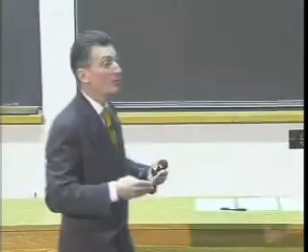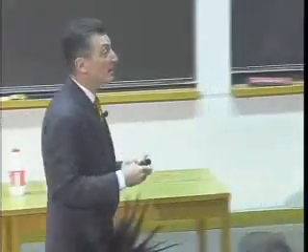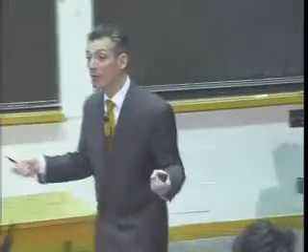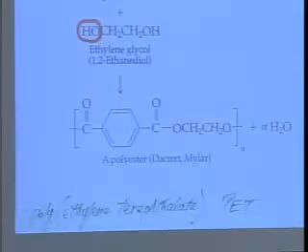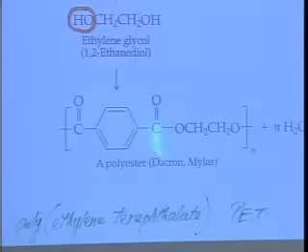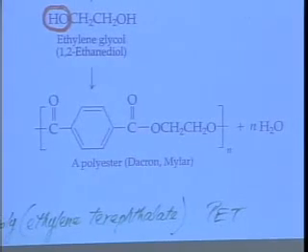So bridging oxygens we've seen in silicates, borates as critical in covalent network formation, and they're operative here. When they're operative in a polymer system, that type of polymer is termed a polyester, because the ester linkage is this oxygen with the double bond. So this is polyethylene terephthalate, PET, as you know it.